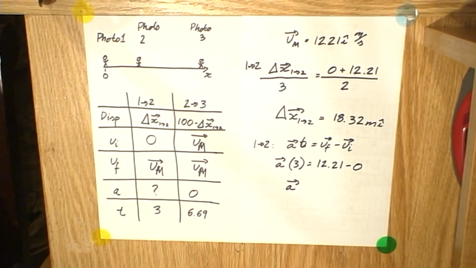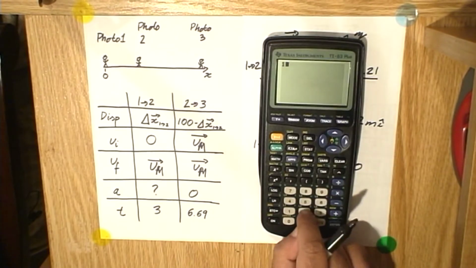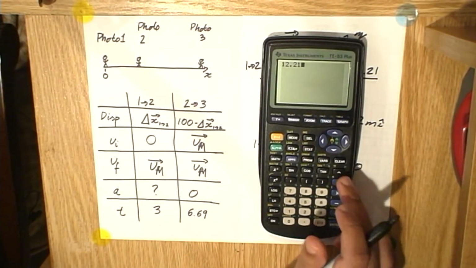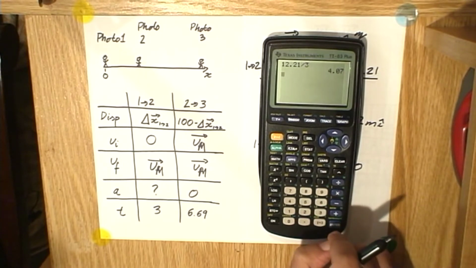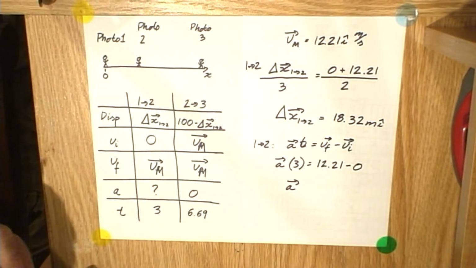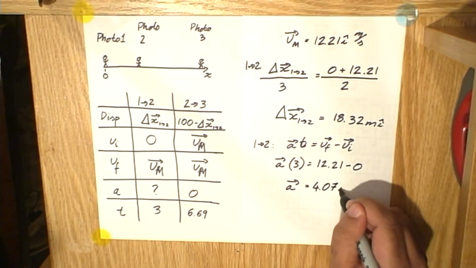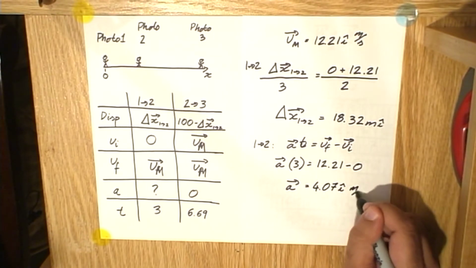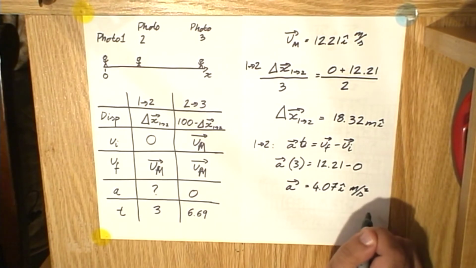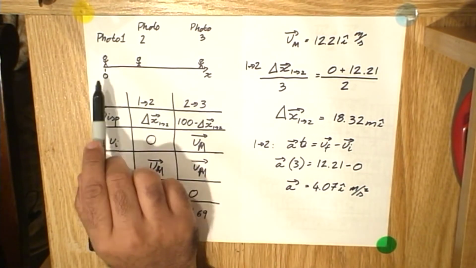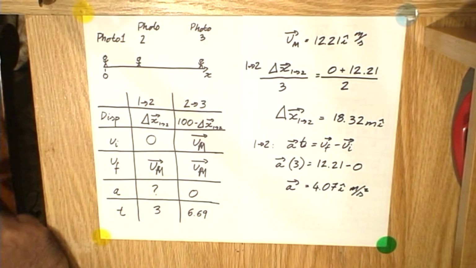So A is going to be 12.21 minus 0 divided by 3 gives us 4.07. 4.07 I hat meters per second squared. That was Usain Bolt's acceleration between photo 1 and photo 2.